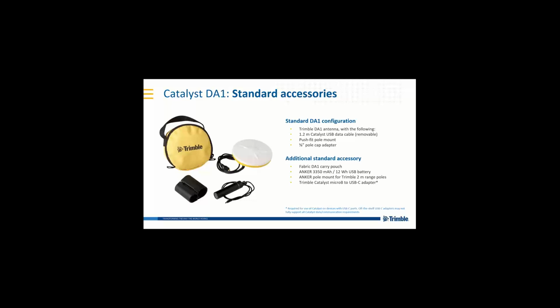Let's talk about the cables for a moment. So I mentioned that it comes with a USB-C connection, and then an adapter to take it down to a micro. All these cables are not unique to Trimble, meaning that you can go other places and get those cables.